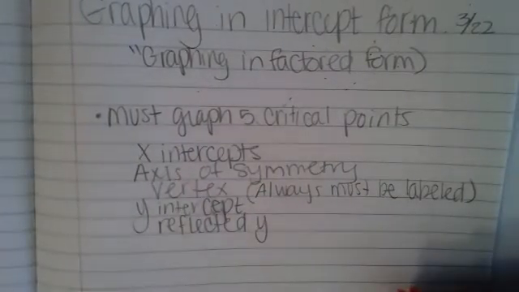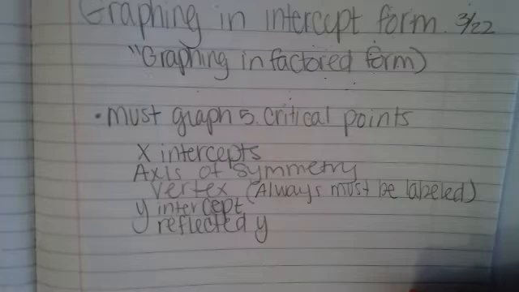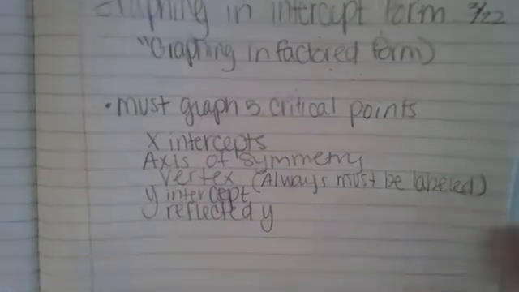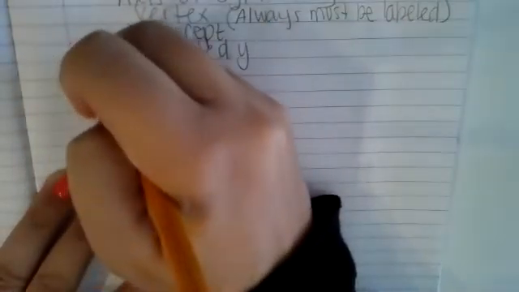So when we talk about something being graphed in intercept form or factored form, that means that we need our polynomial or trinomial factored. Sometimes it might be given to you and sometimes you might need to work it out. So we're going to go through this to figure out how to solve for each of these.